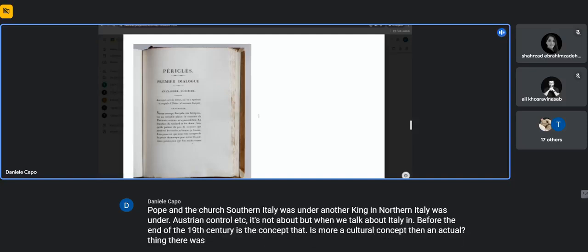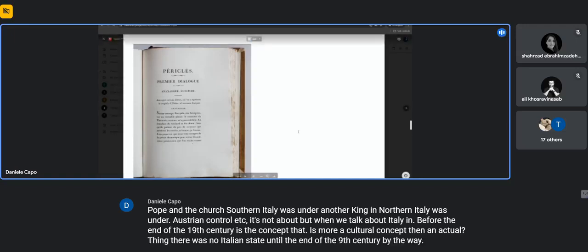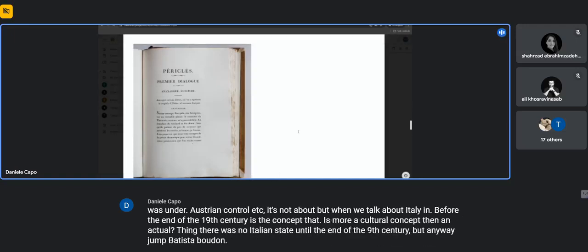There was no Italian state until the end of the 19th century. By the way, Giambattista Bodoni worked in Rome and in Parma, which at the time was under French control.